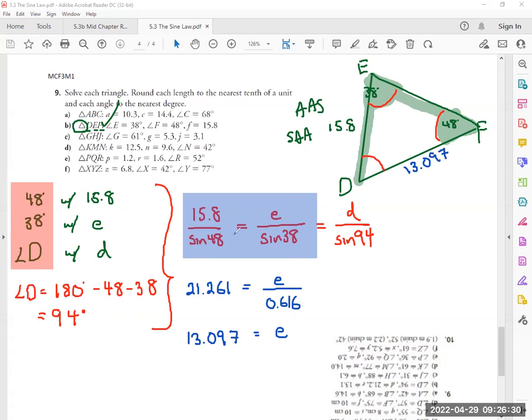Would you try doing that same thing and calculate D for me? So what you might want to do is take this ratio and put it next to this ratio and use these two fractions to calculate D. I'm not going to show you the work because I think you can do it yourself.